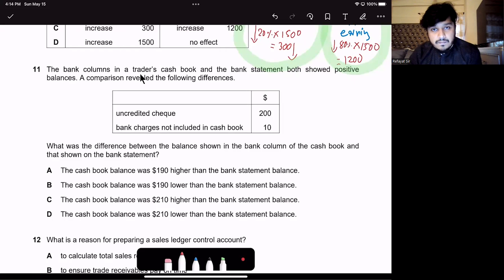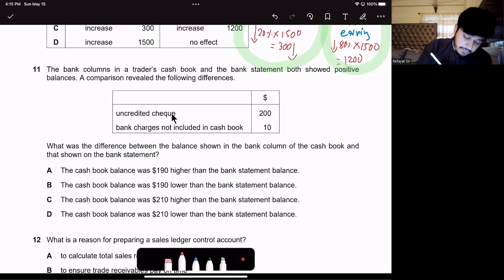Number 11. The bank column in the trader's cash book and the bank statement both showed a positive balance. The comparison revealed the following differences: an uncredited deposit, and bank charges not included in the cash book.